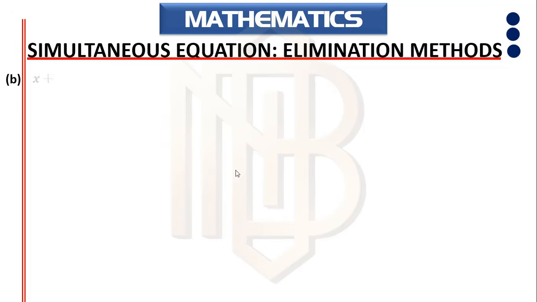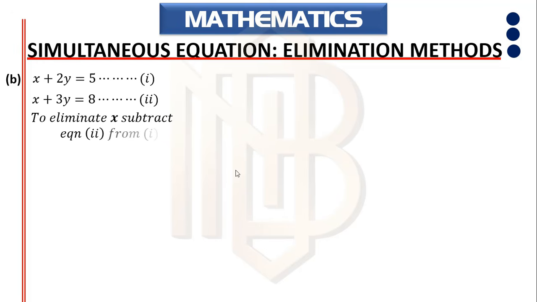All right, let's take a look at the second question. We have x plus 2y equal to 5. That's the first equation. And we have x plus 3y equal to 8. That's equation 2. To eliminate x, we subtract.